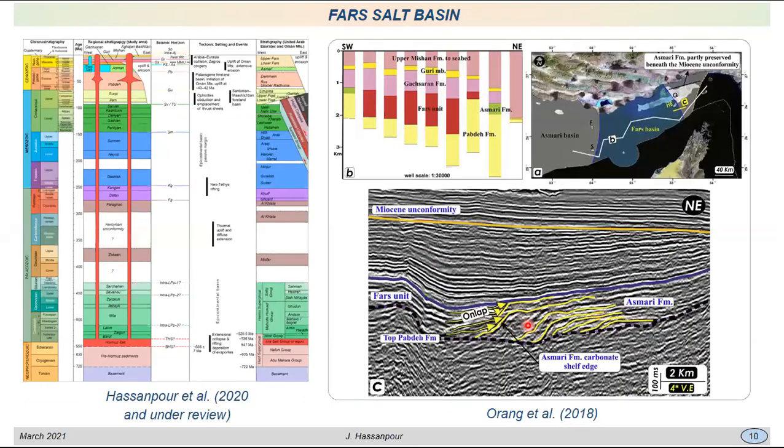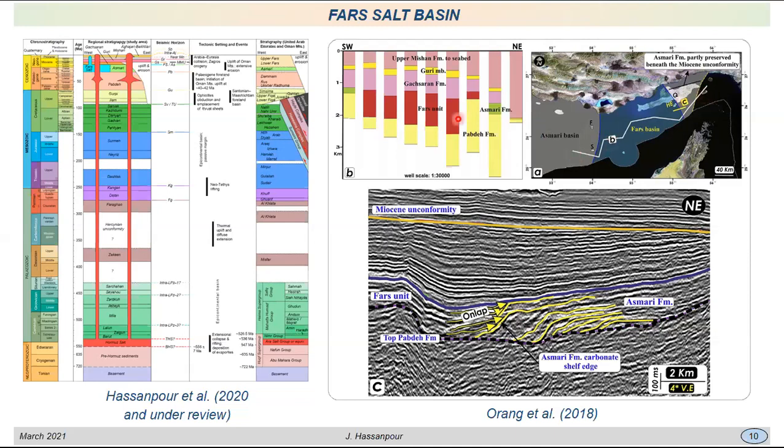So as I showed you before, the Fars Salt basin was quite local compared to the Hormuz Salt basin. These two figures show, this one shows a correlation between wells along this line of section.